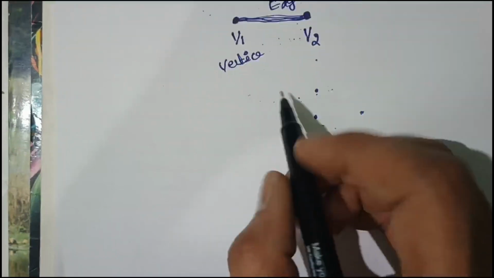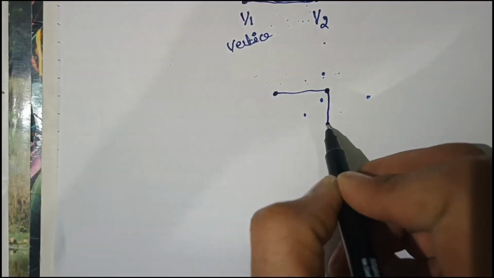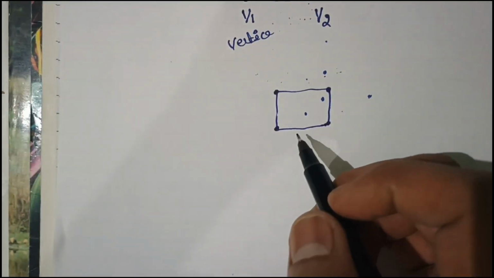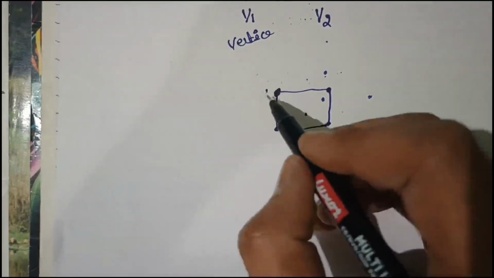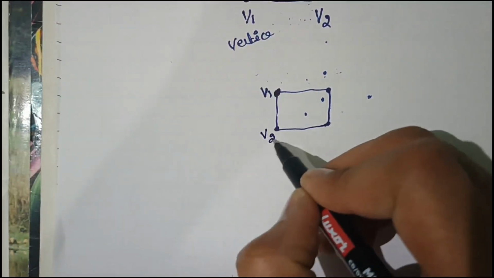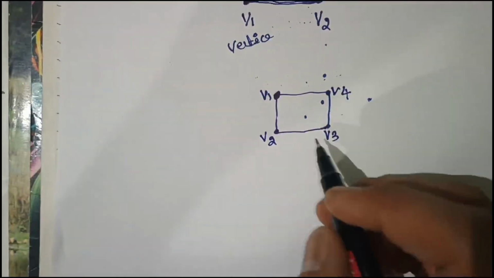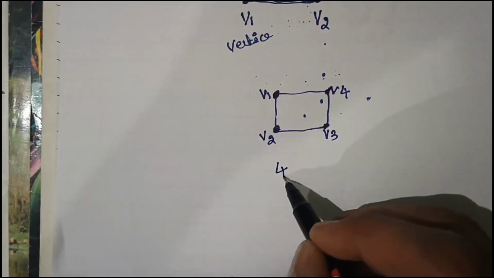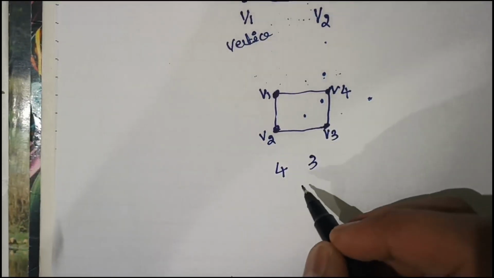For another example, we can make a square. In this square, how many vertices and how many edges are there? We denote the vertices by V1, V2, V3 and V4. There are 4 vertices. And how many edges are there? There are 4 edges.